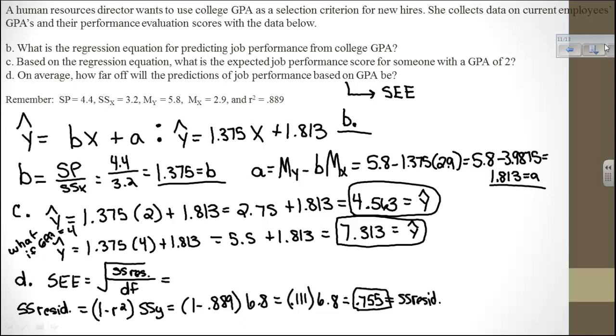All right, now let's plug that into the standard error of the estimate. 0.755 divided by degrees of freedom, n minus 2. 5 minus 2 is 3. This becomes the square root of 0.252, and you have a standard error of the estimate of 0.502.